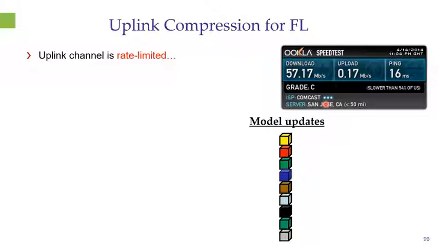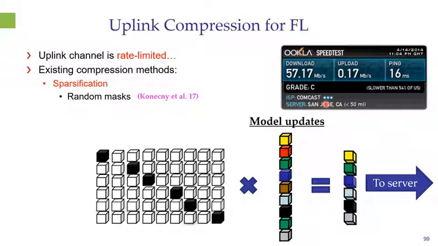This problem has not been overlooked in the federated learning literature, and there are two main approaches to compress the model updates before conveying them over the uplink channel. The first family of methods can be modeled as sparsification. Sparsification methods imply that instead of sending the complete set of model updates, we're just sending a subset.